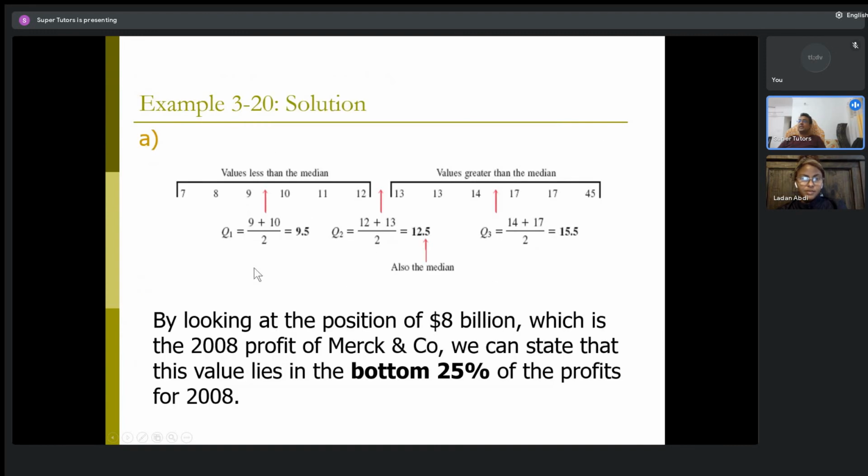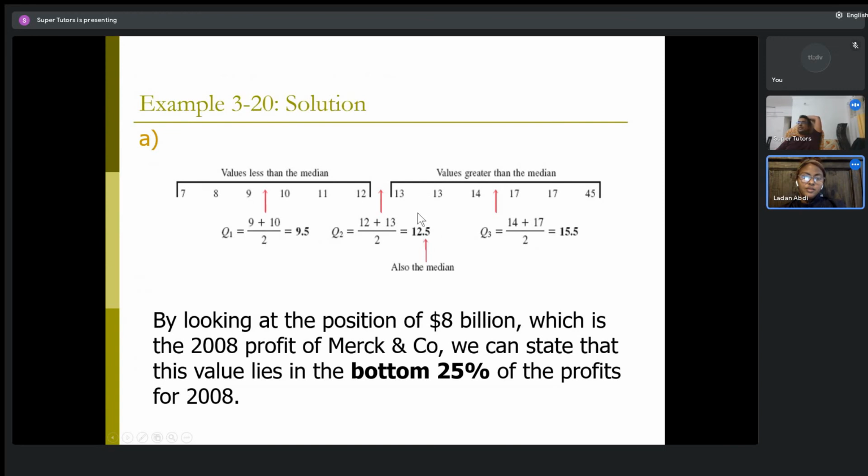So how do we find the three quartiles? Very simple. First, arrange them in increasing order. Then the second quartile is the same thing as the median, as I told you. If you remember, the median was the middle two values averaged, because there are 12 values here, an even number of values. So what is 12 plus 13 divided by 2?